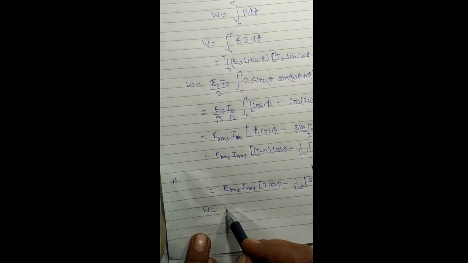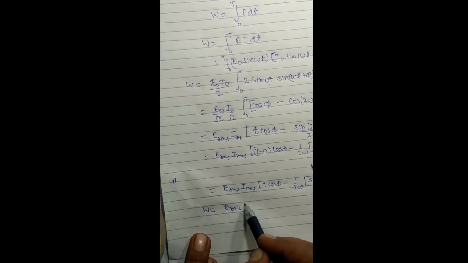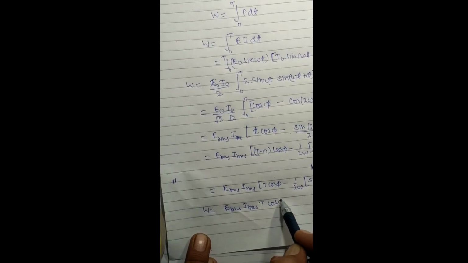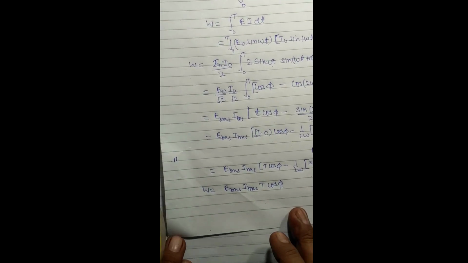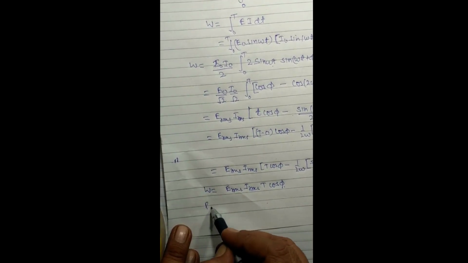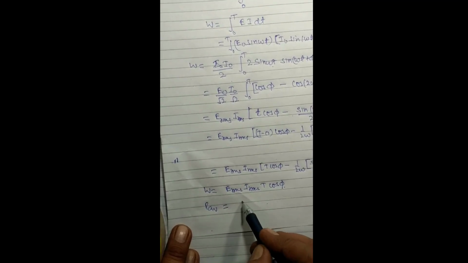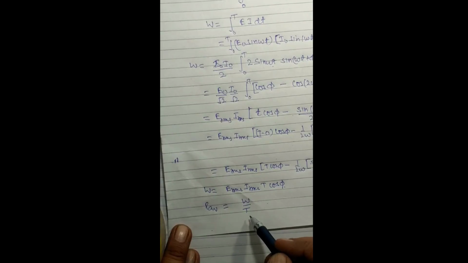We are left with only, the equation remains here, work done as E RMS, I RMS, T times cos phi. Now, simple power, average power is work done upon total time. Here, the time is from 0 to T, so we had only T time interval.